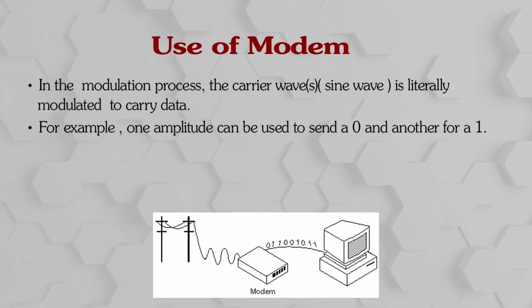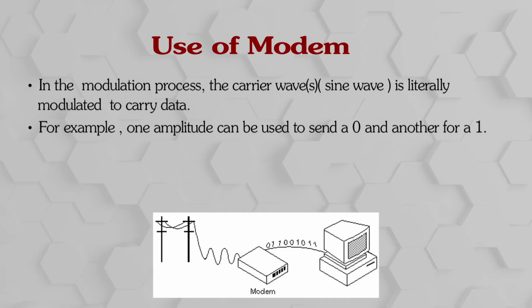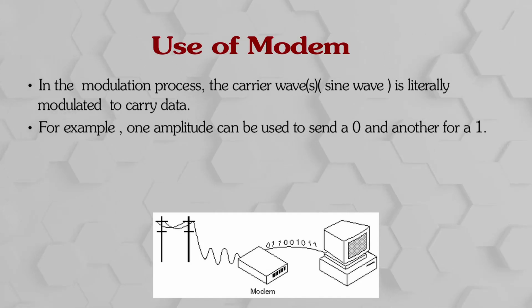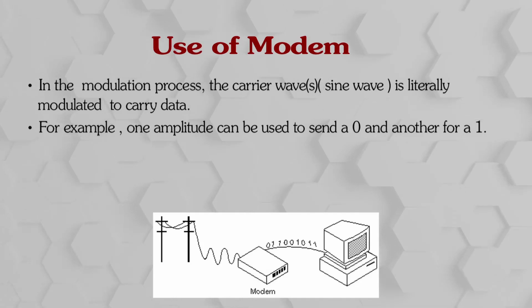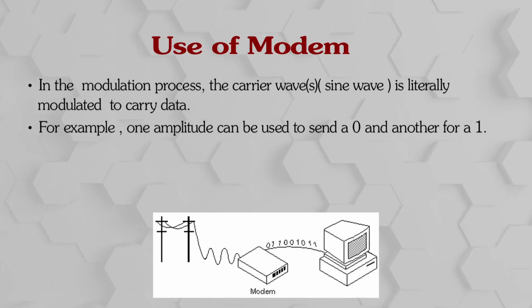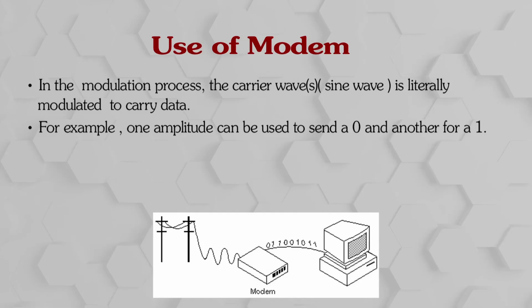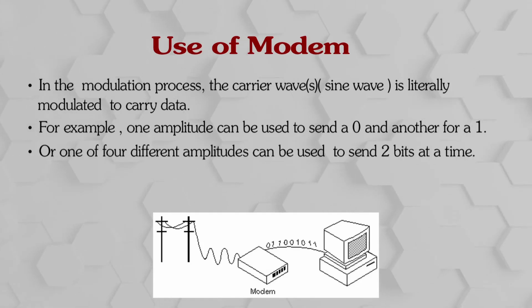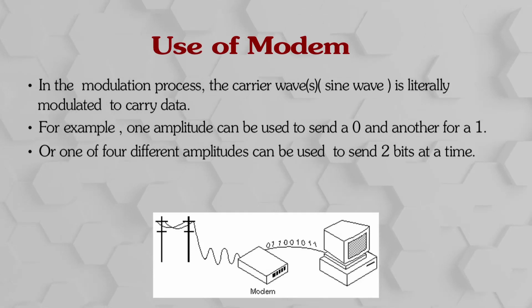You remember I have been emphasizing all the time that finally your data is in the form of some kind of signal. The signal has different characteristics: amplitude, frequency, phase. So one amplitude can be used to send a 0, another for a 1, or one of 4 different amplitudes can be used to send 2 bits at a time.